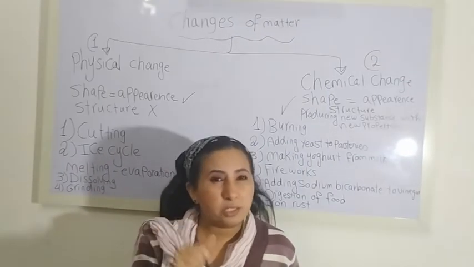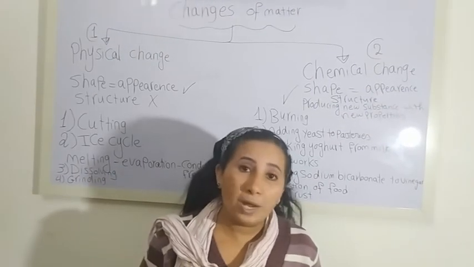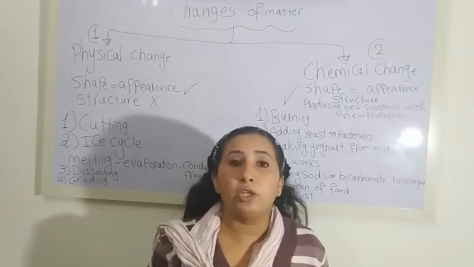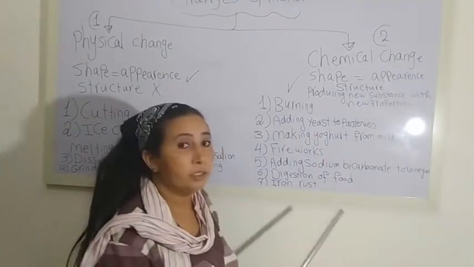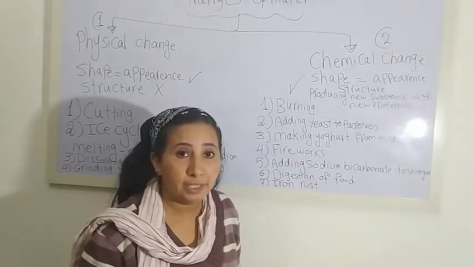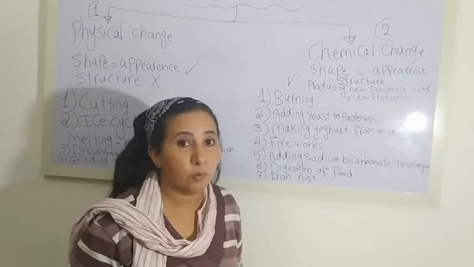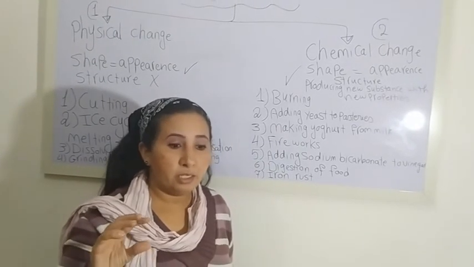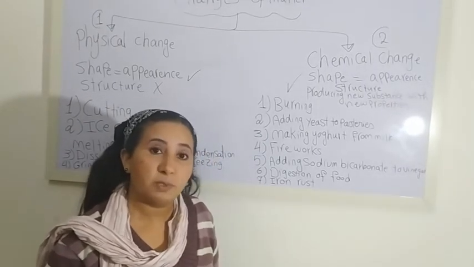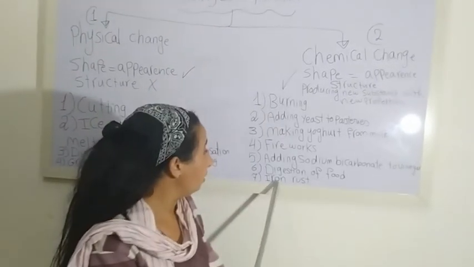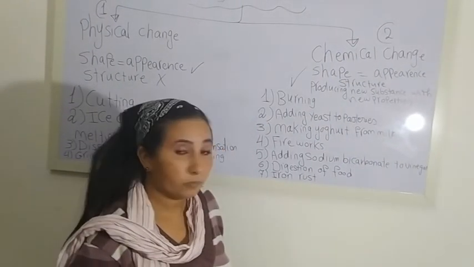I may replace air and water by humid air or wet air, which means air and water. Exactly, it requires oxygen from air. Oxygen and water from air help in the iron rust. And iron rust is a chemical change. Okay?